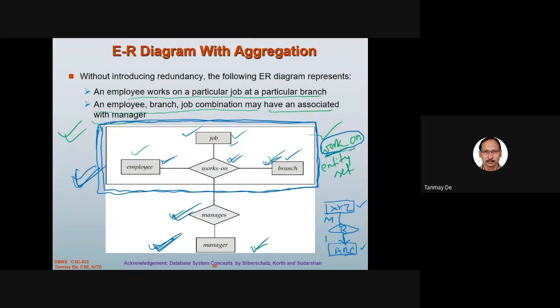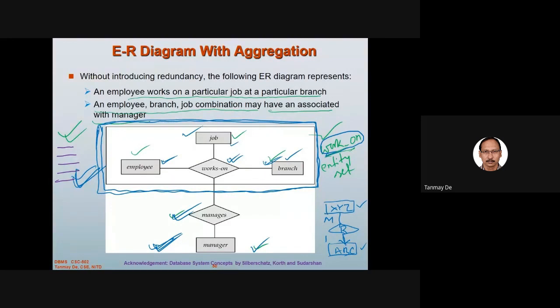Here you can see, suppose I change my color. Just a minute. Suppose this is the work on entity. Suppose these are the entities. This is one entity, this is another entity, and another entity. Say 5 entities are there. That means 5 employees are there. You got my point.